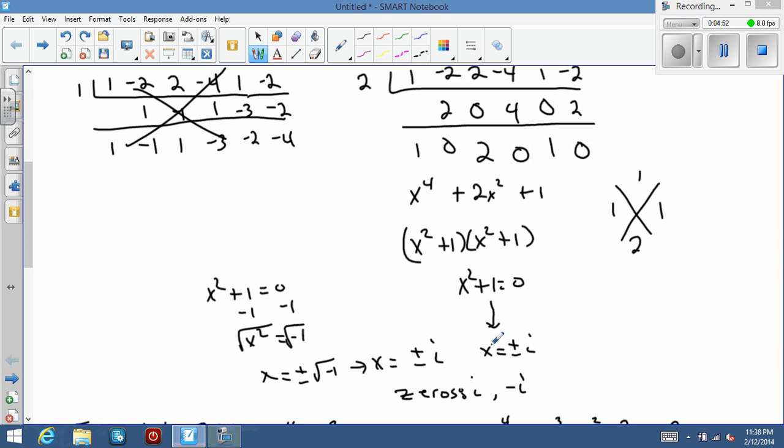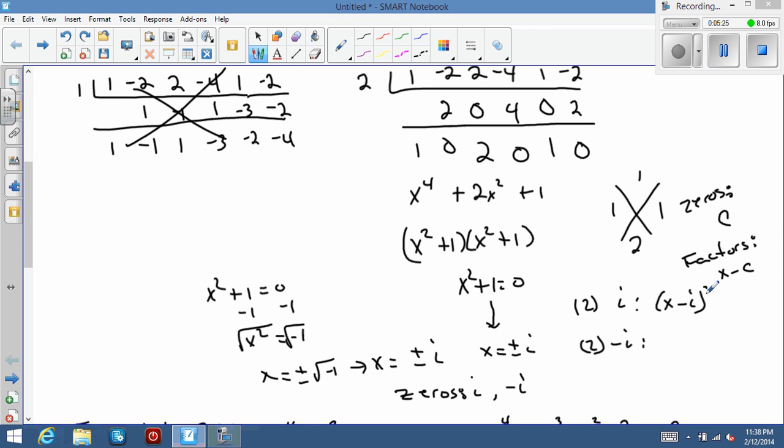Now to create factors from that, I know that I have 2 positive i's and I have 2 negative i's. Okay? Now, my zeros are the c value. And to create the factors, I'm going to put it in the form of x minus c. So I have i, so that means I have x minus i.